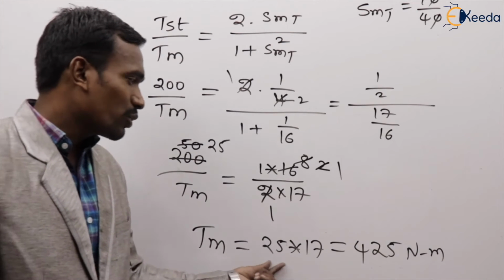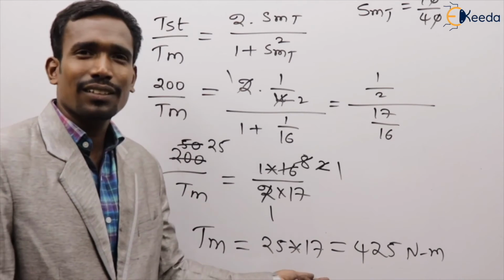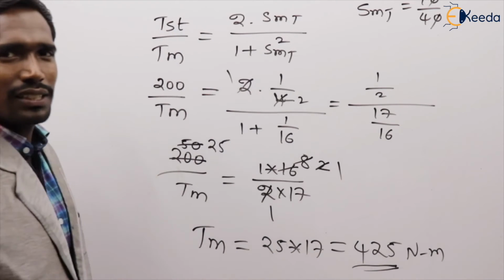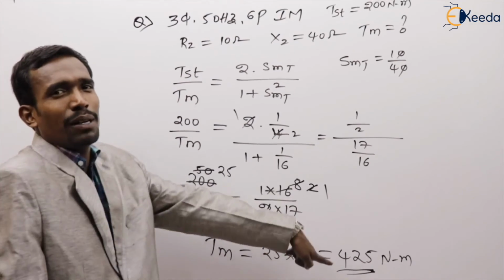We already saw 25 into 16 is 400, so 25 into 17 is 425. So the answer is 425 Newton meters, because this is the maximum torque, and maximum torque should be maximum.